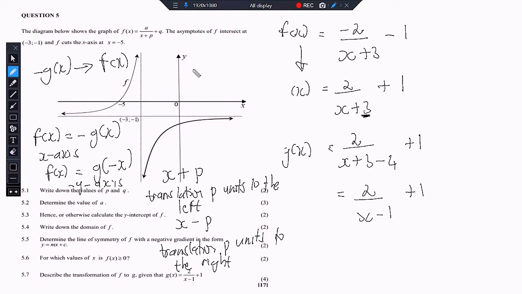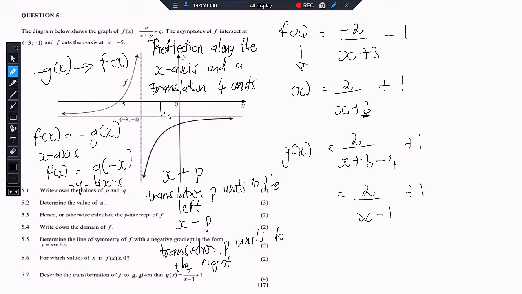So number one, we are going to say this is a reflection along the x-axis and a translation 4 units to the right.